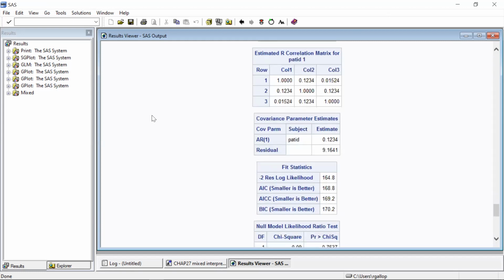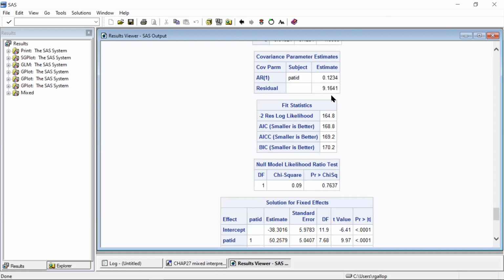If we drop a little further, here are the fit statistics. These fit statistics are worthless unless we're doing some kind of comparison. All 4 of these can be used at some time or other, and all 3 of these are variations of that. You'll have to lean on your statistical analysis plan about which technique you're going to use for goodness of fit.